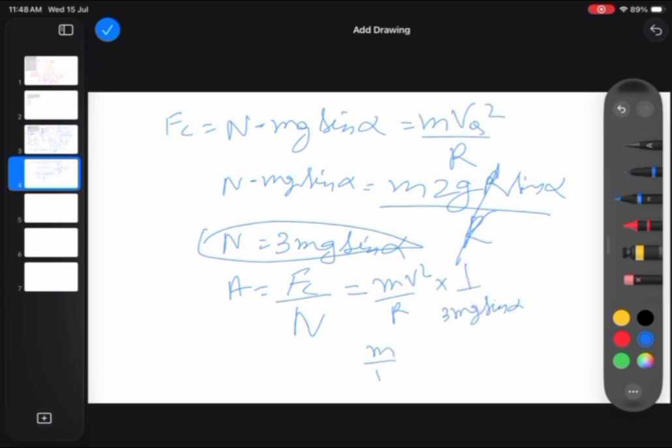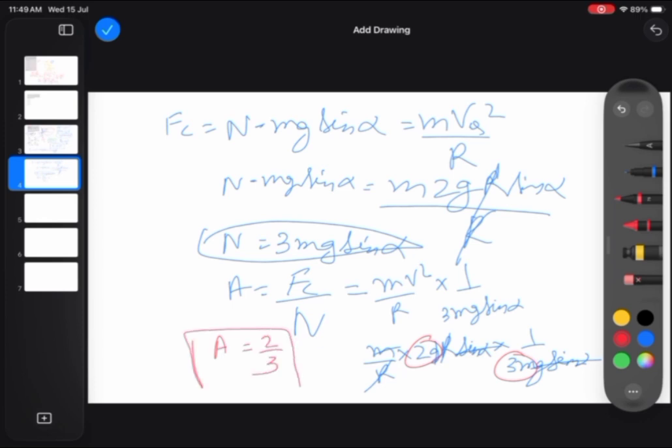M upon r, v square is equal to 2gr sin alpha, into 1 upon 3 mg sin alpha. Now mg sin alpha cancels out, r cancels out. So A will be equal to 2 upon 3.